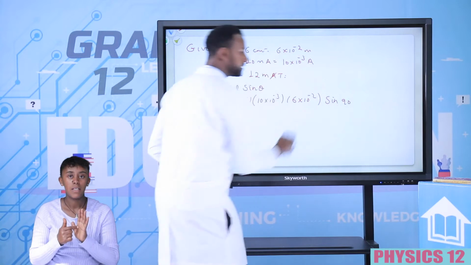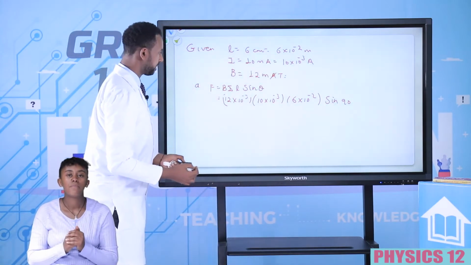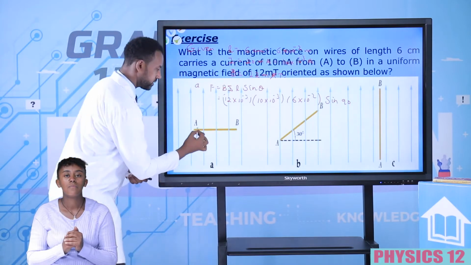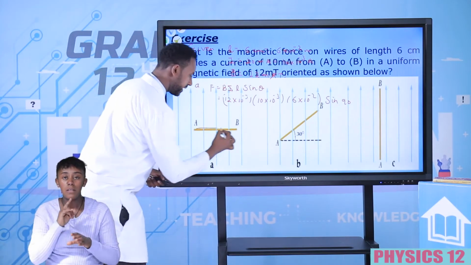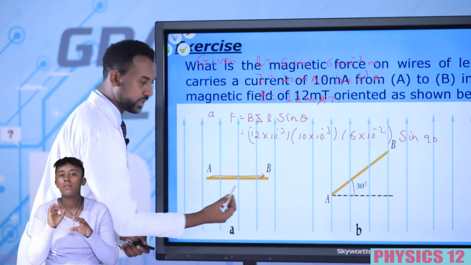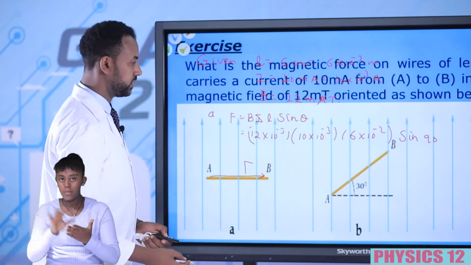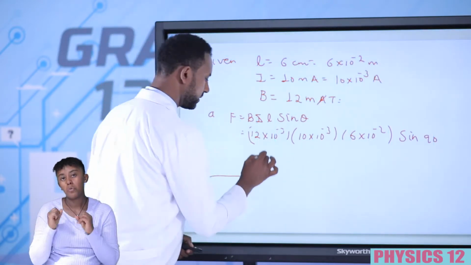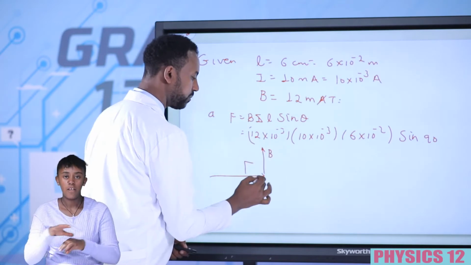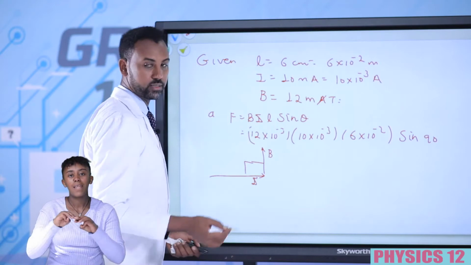Sine 90. In this case, let's go back again. Look here. The current is acting from A to B, in this direction, and the magnetic field is acting upward. So the angle between them is 90 degrees.